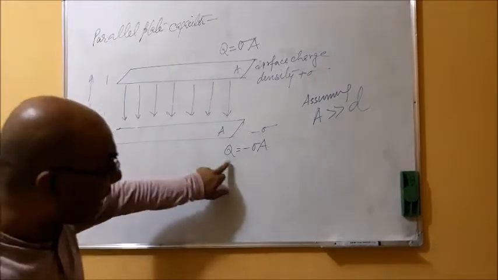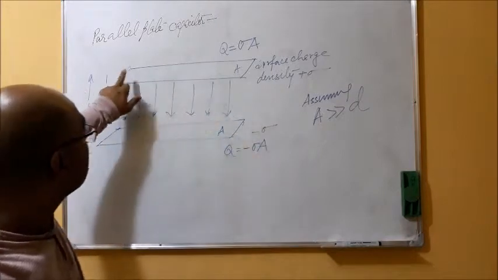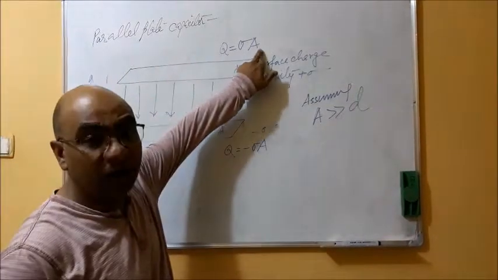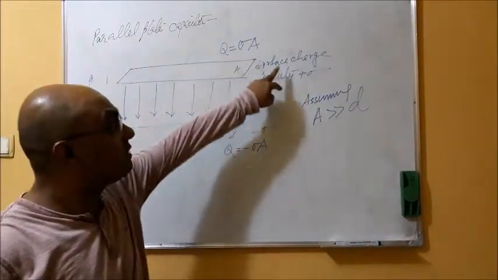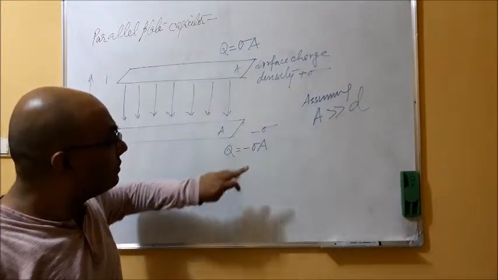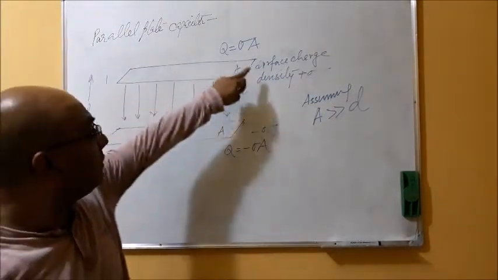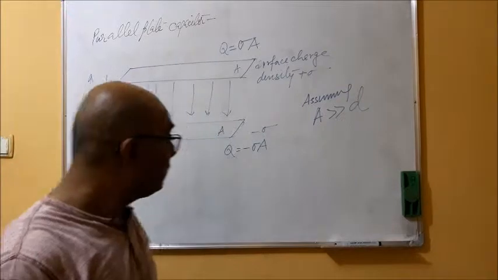Surface 2 has charge minus sigma A, surface 1 has charge sigma A, where sigma is the surface charge density and A is the area of the parallel plates, right?